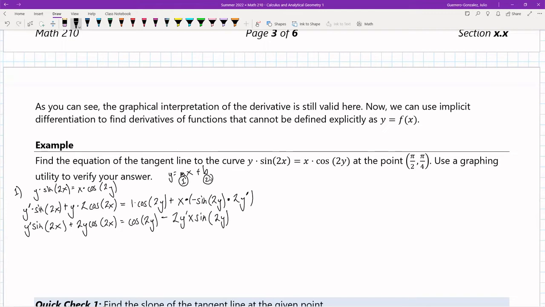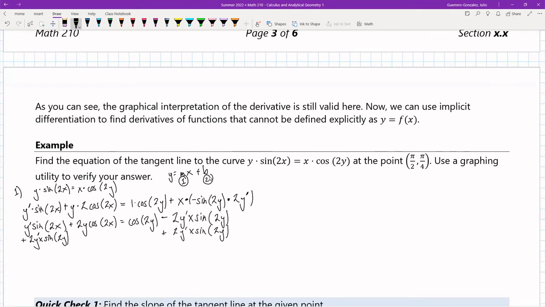So if I do this, this right here is the only thing that has a y prime on the right-hand side. I'm going to throw it to the left. So this is going to be plus 2y prime x sine of 2y. So I need to add it over here. Plus 2y prime x sine of 2y.